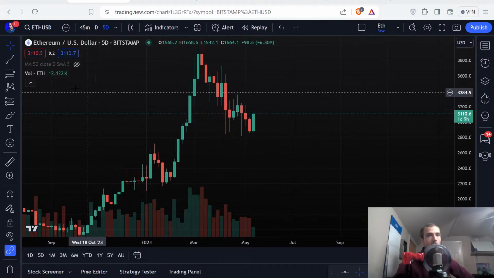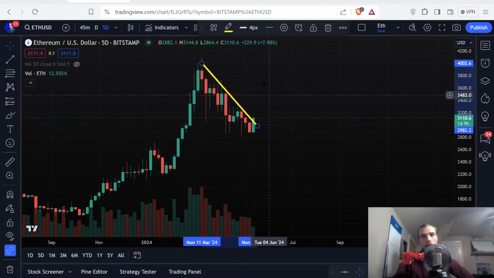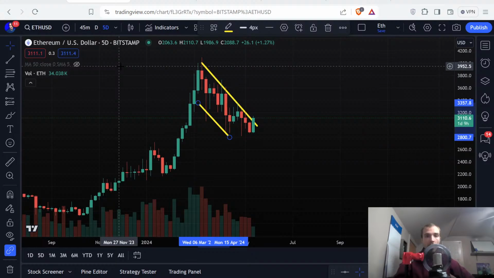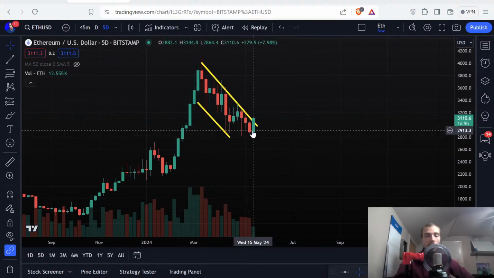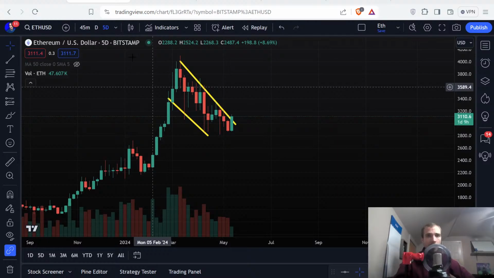Very powerful, very simple, very easy to trade, and very, very common. So you guys can see we have our bullish flag pattern right here. And then, like I said, we have that bullish engulfing candlestick here on Ethereum. So that's looking really good.